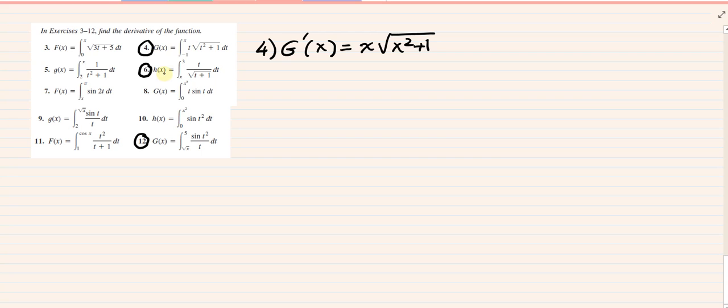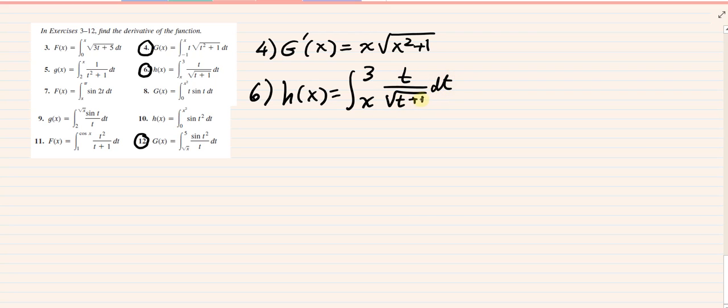Now in number 6, what's different is that if you look at the limits of integration, they go from x to 3 of t over square root of t plus 1 dt. So the limits are in improper form, so I need to actually switch the limits of integration. It has to go from a, meaning a number, to x.